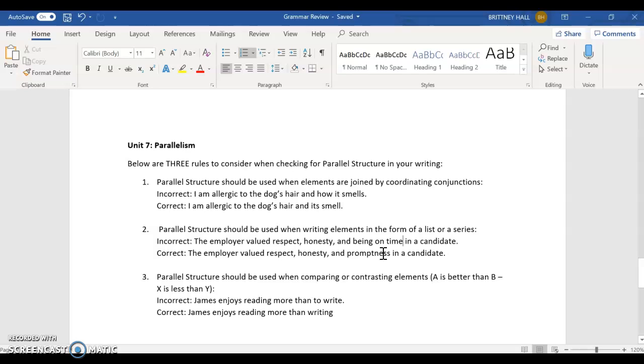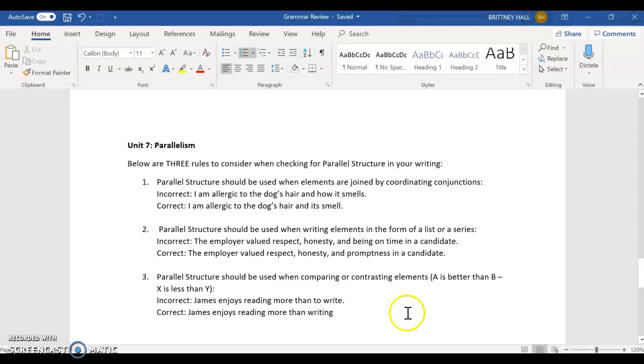That's parallel. That's much better. If there were some other way of saying respect and honesty as like a verb with ing, then we could have that here and here as well. But obviously that's not as easy, so we're just going to switch it to noun, noun, noun, and it's parallel.